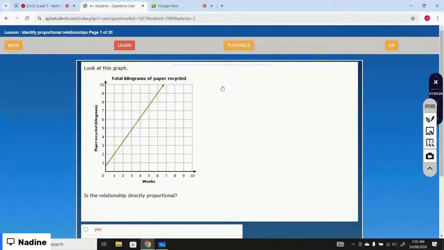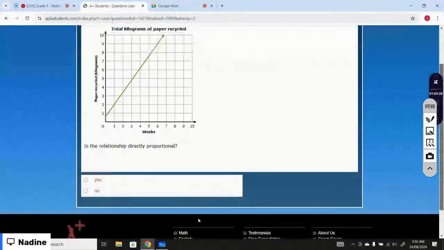So the first thing is no, the graph is not for a directly proportional relationship, right? If the graph is a straight line and passing through the origin, then that will be the graph for a direct relationship, right? For this one, no, the graph is not passing through the origin, or origin means 0, 0. The correct option is no.